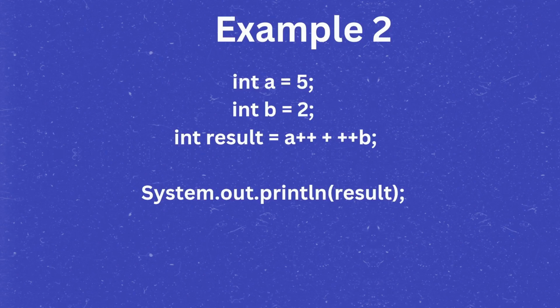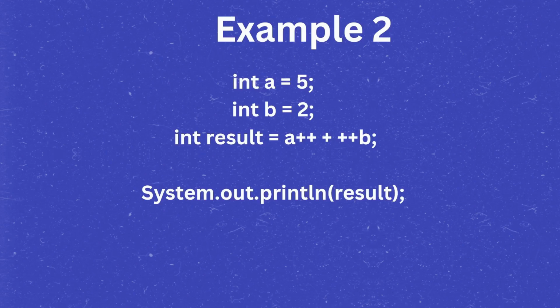Now why have you first done ++b or a++? Why have you executed the postfix or prefix increment operator before the addition operator? Because in the list of operator precedence that I have shown you, postfix and prefix have higher precedence over your arithmetic operator, right?